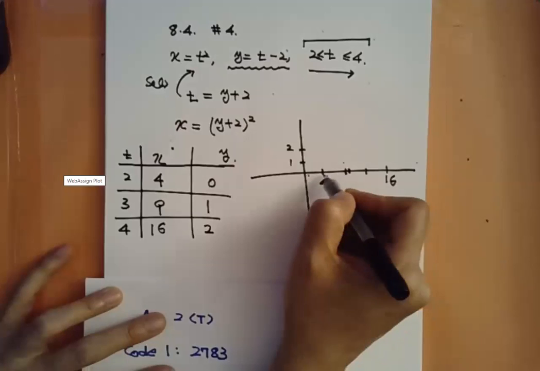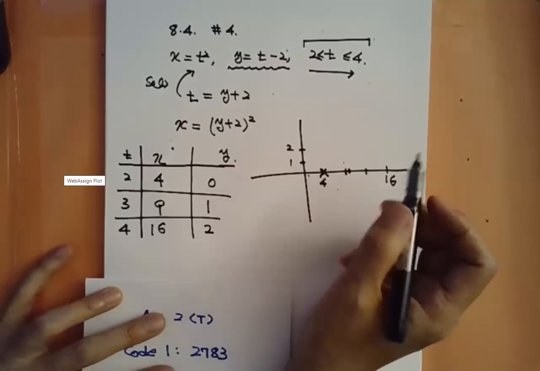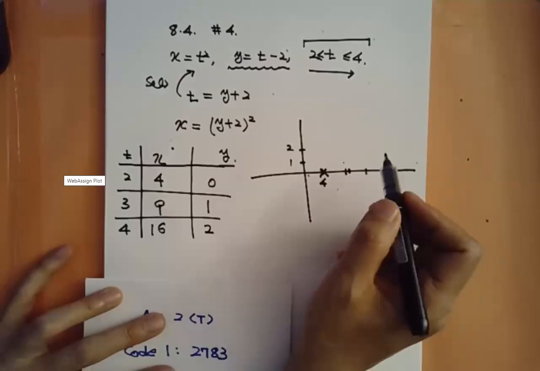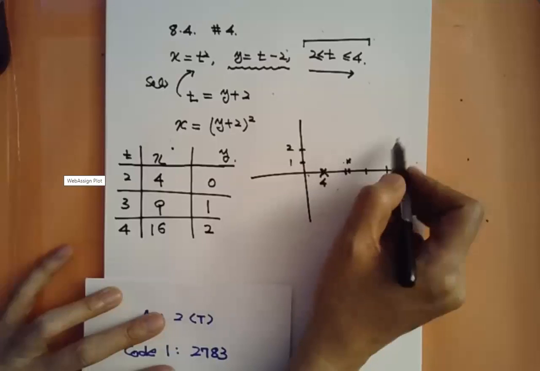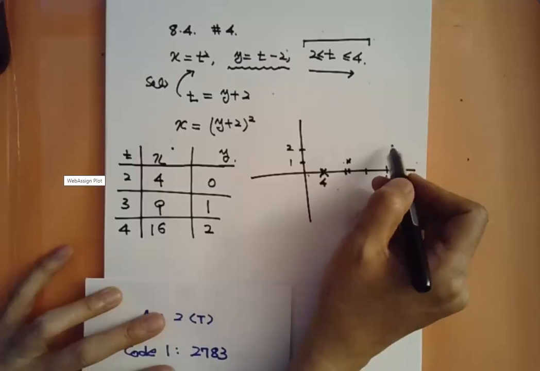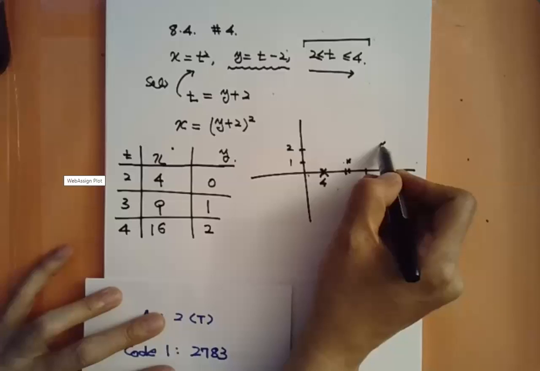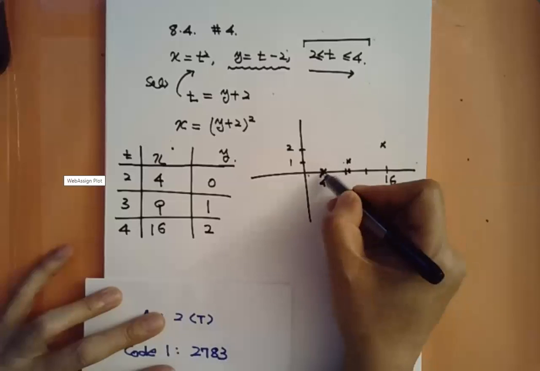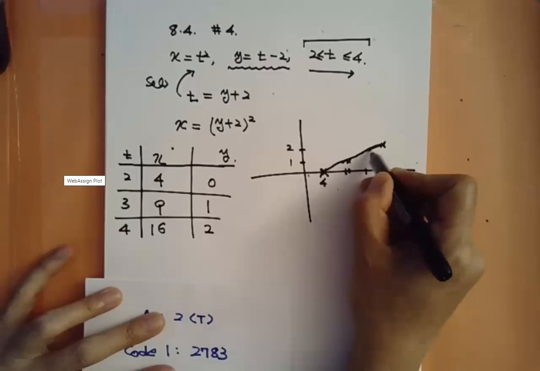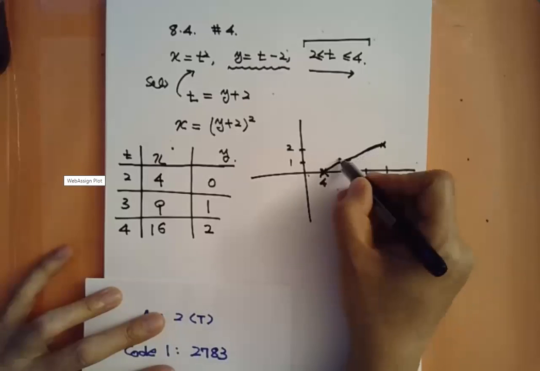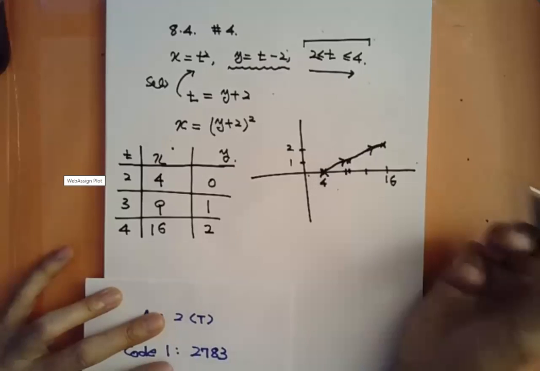When x is 4, y equals 0. When x is 9, y is 1. And when x is 16, y is 2. Obviously, this is the part of the parabola, and the direction goes this way.